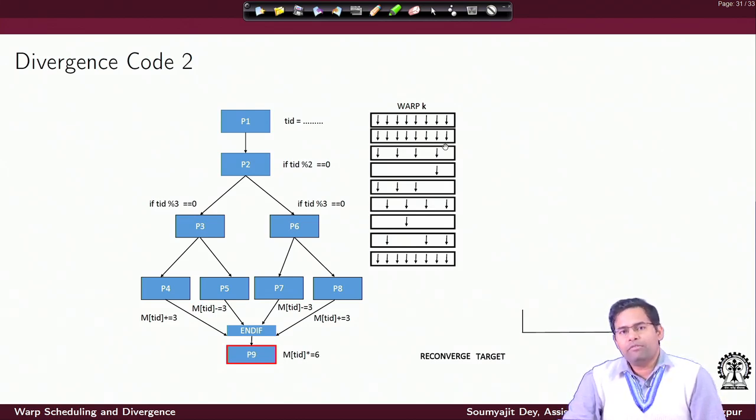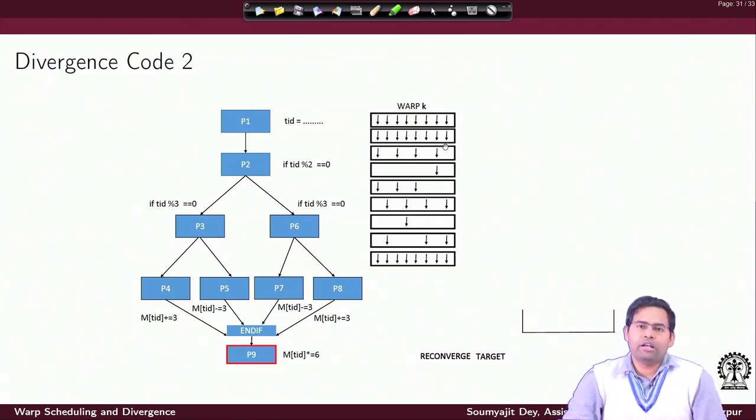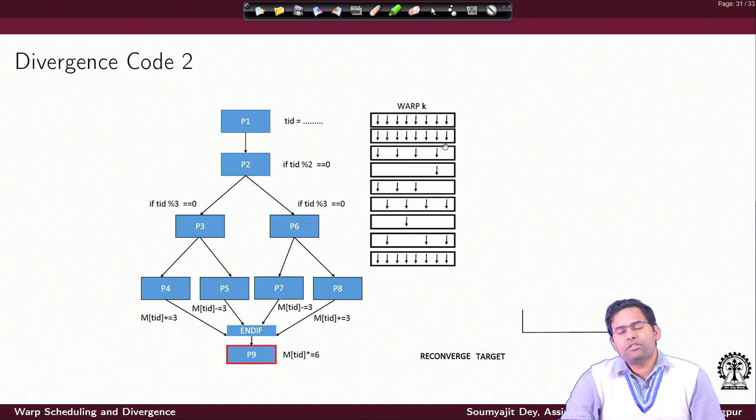The threads which satisfy the if condition would progress, and then subsequently at some other point of time the threads satisfying the else condition would progress. So whenever there is divergence in your execution of a CUDA program, you have performance loss.